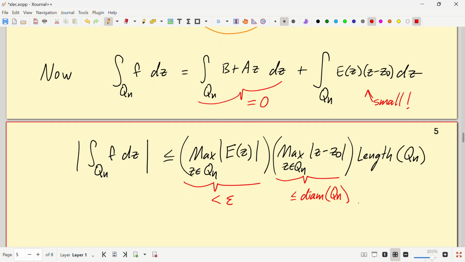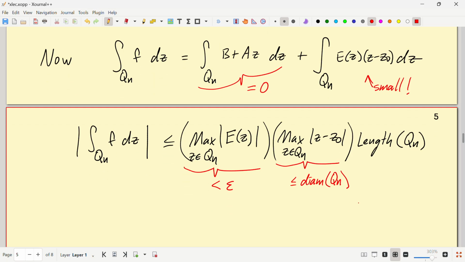So what is this length here? The diameter of Q_n is equal to, let's see, they get cut in half every time. So that's 1 over 2 to the n times the diameter of my original Q naught.